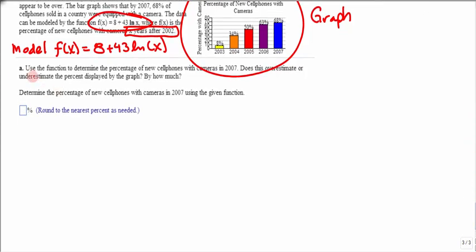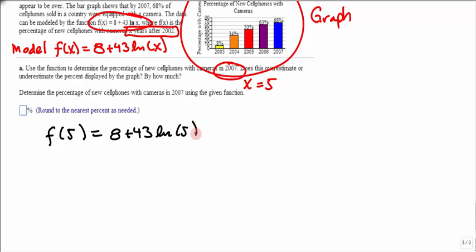Okay, so part A, it says use the function to determine the percentage of new cell phones with cameras in 2007. Does this underestimate or overestimate? Okay, so 2007, that's x years after 2002, would be 5. It's 5 years after 2002. So I would have f of 5 equals 8 plus 43 times the natural log of 5.